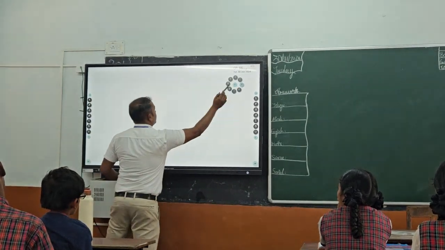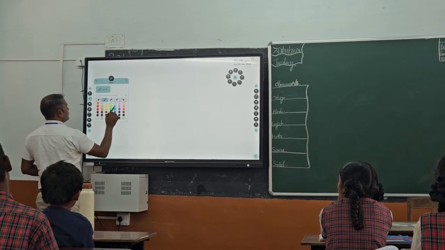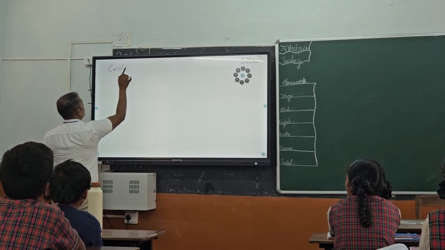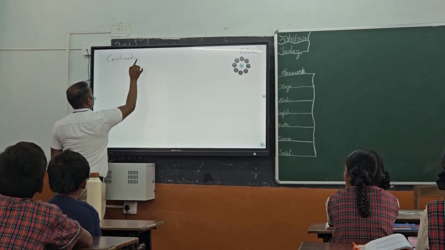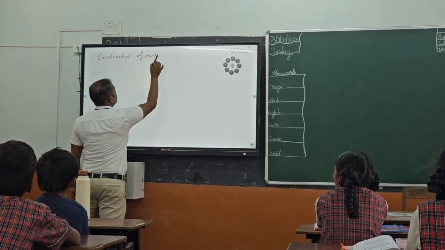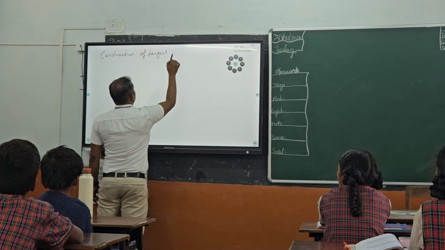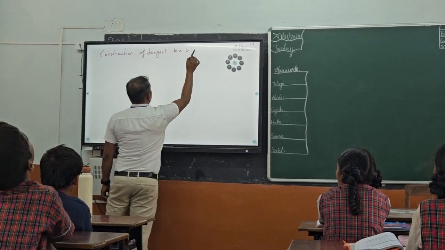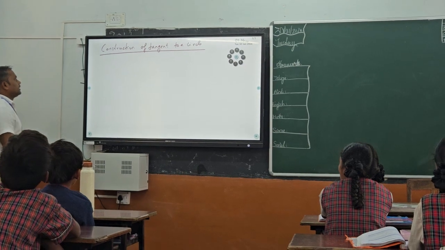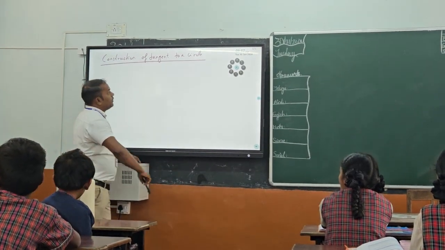A line. What are we constructing now? A tangent. So, construction of a tangent to a circle.